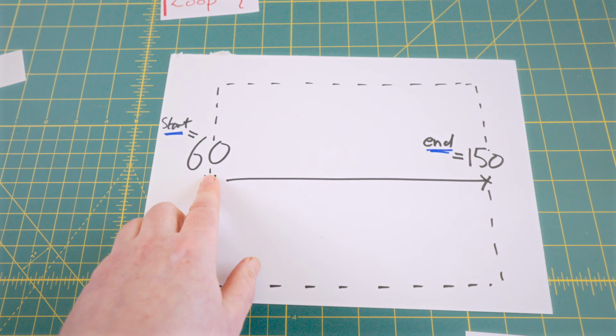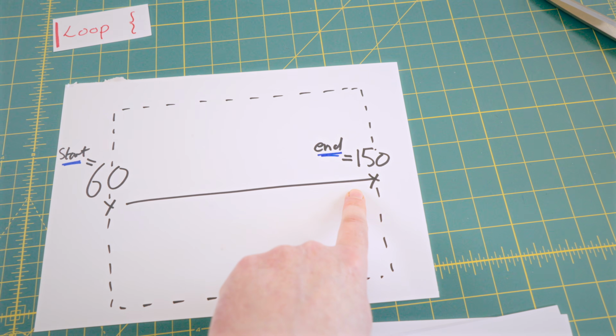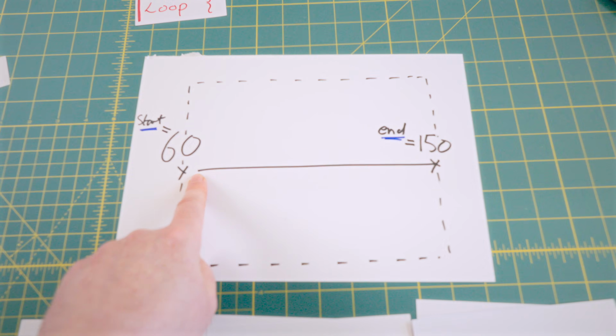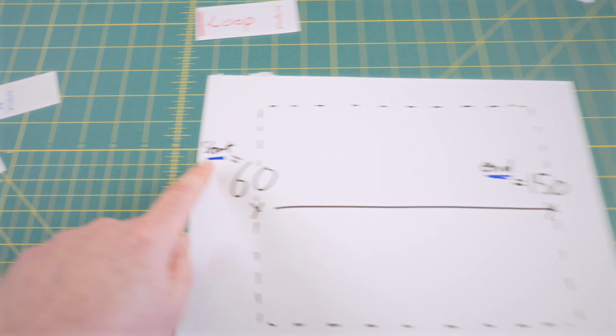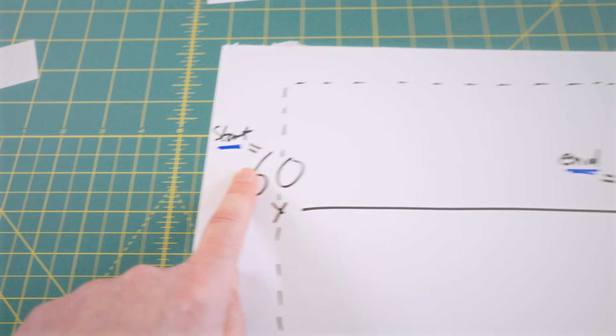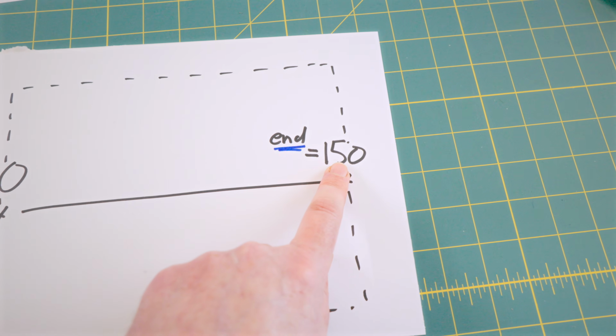If we have a line here that goes from 60 to 150, and I want to know if a point is on this line, which includes 60 and 150, and I've gone start equals 60, end is equal to 150, so I can change all these things.